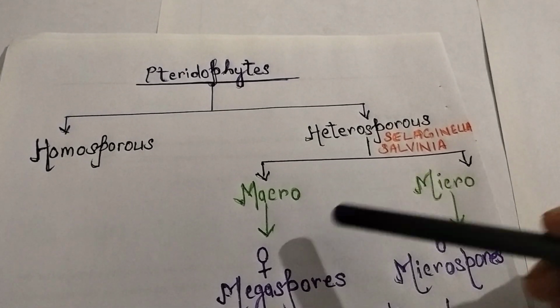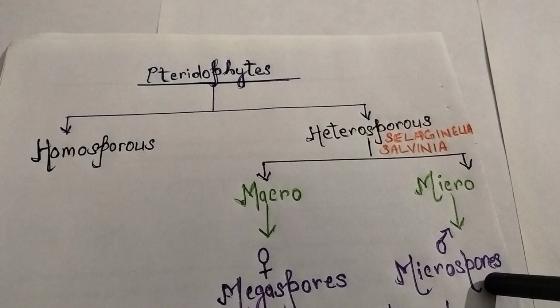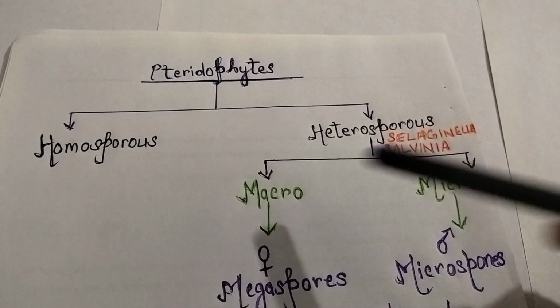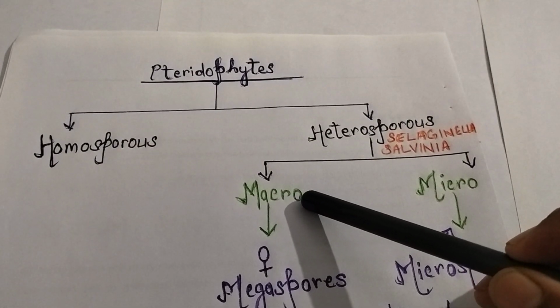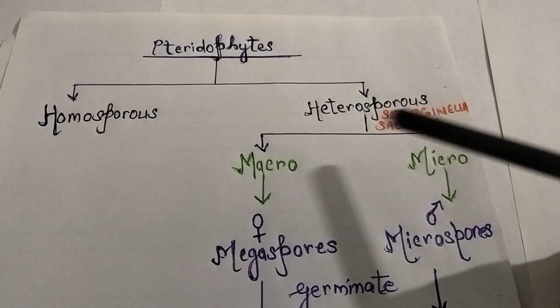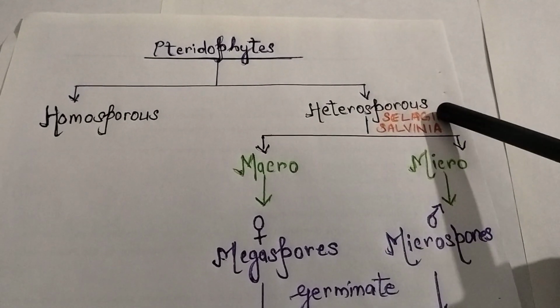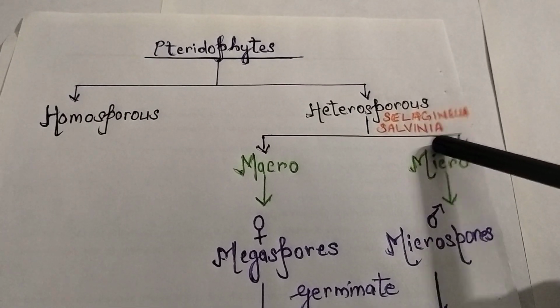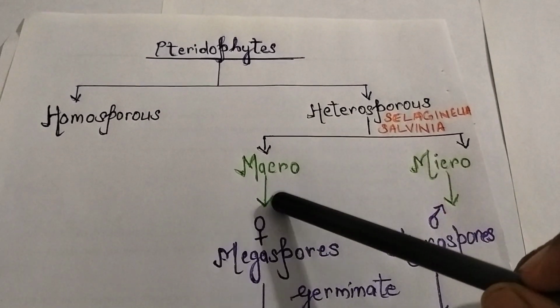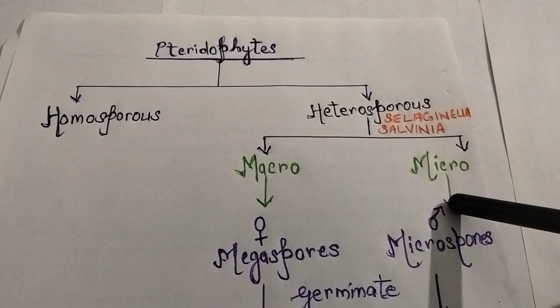Small ones are called microspores, and macro, meaning bigger ones, are called megaspores. So in some pteridophytes, for example Selaginella and Salvinia, the spores produced are of two types, macro and micro.